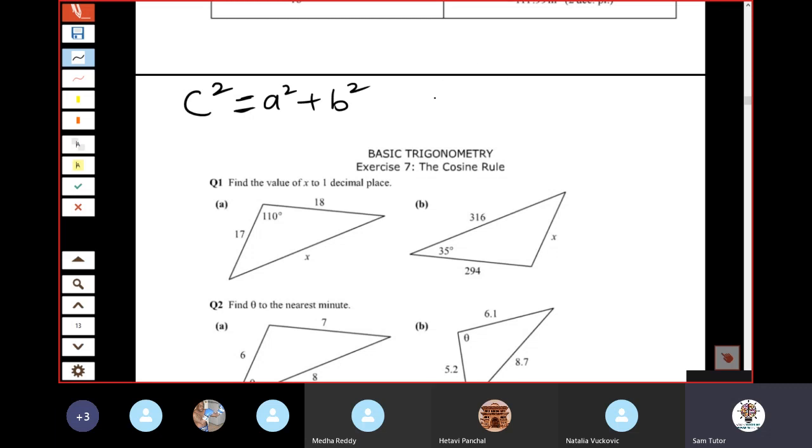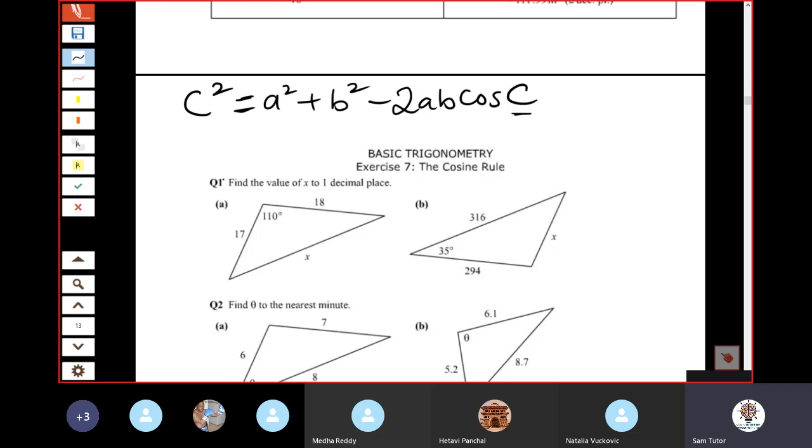So c squared equals a squared plus b squared minus 2ab cos C. A and b are sides. This cos C must be the angle opposite the side you want to find.